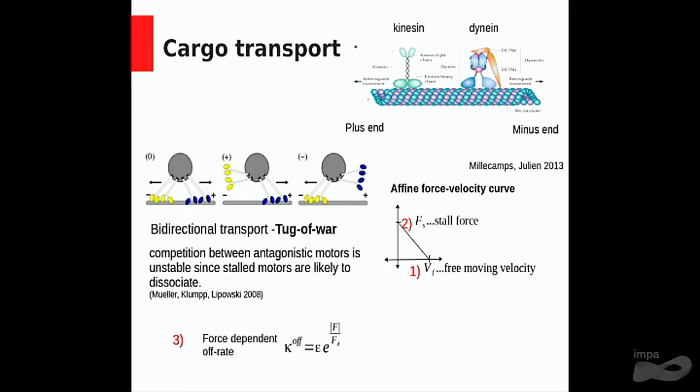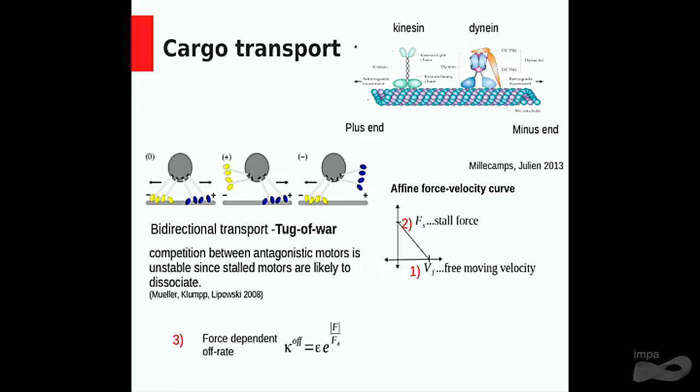And typically what happens is that this intermediate situation with equal numbers, or let's say equal forces in one direction and in the other direction, that situation is fairly unstable. What you typically observe is that there are either only motors pulling in one direction or only motors pulling in the other direction.